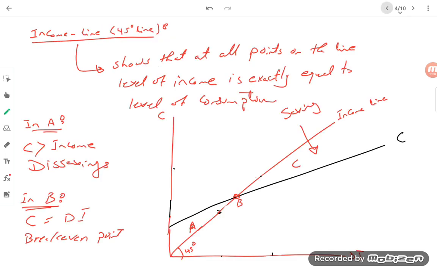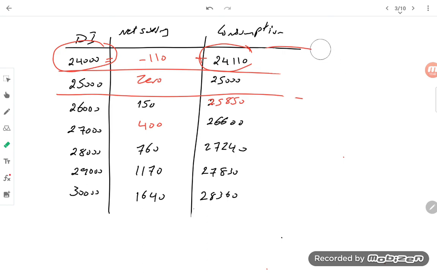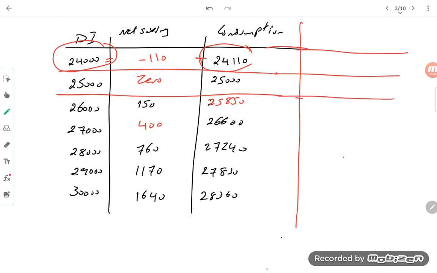So if you would like to calculate it in our example, it will be calculated as a change in consumption expenditure, which is 25,000 minus 24,110, divided by change in disposable income, which is 25,000 minus 24,000.